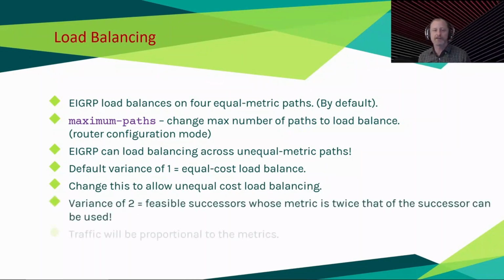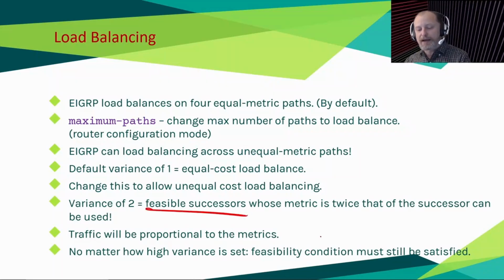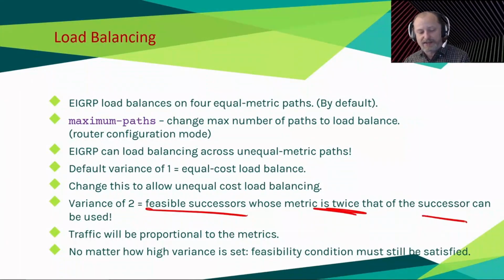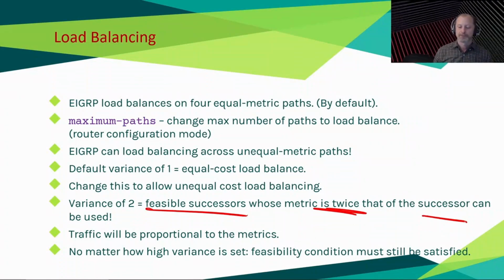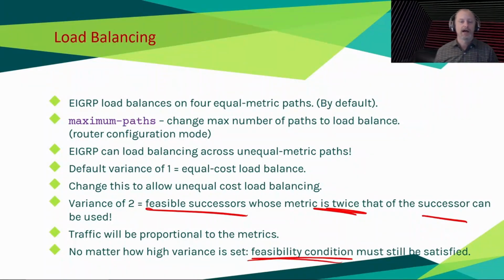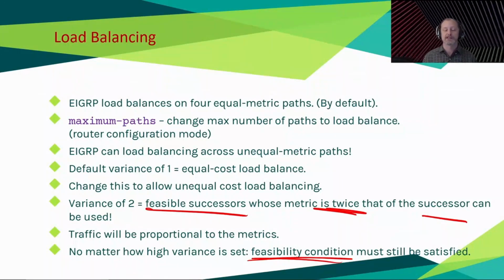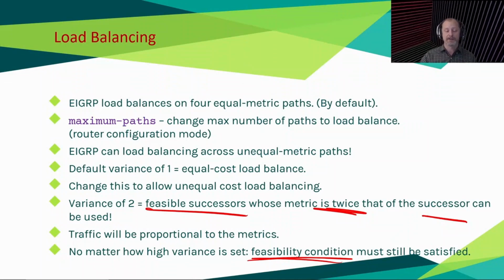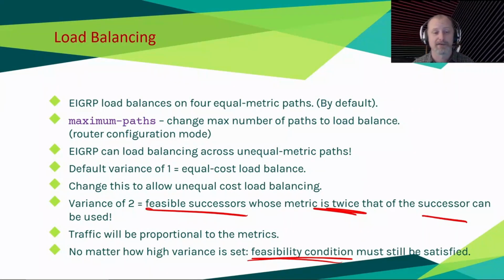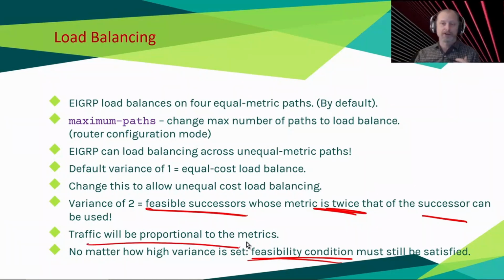If we set the variance to 2, that means we could use feasible successors whose metric is twice that of the successor. However, the feasibility condition must always be satisfied. We will never use any feasible successor if it's a potential loop, no matter how high we set the variance. And then the load-balanced traffic will be sent proportional to the metrics.